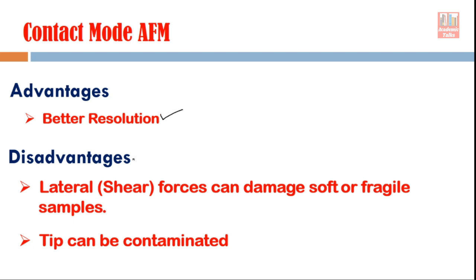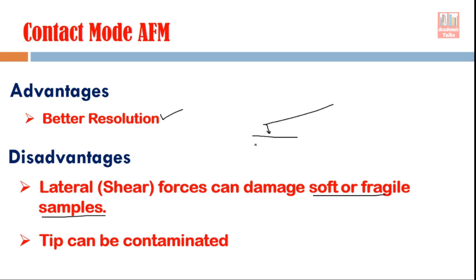The contact mode system has some disadvantages also. For example, the lateral forces. What are these lateral forces? This is the cantilever, this is the tip and this is the sample. When the tip or the sample is moving, and the tip is very close to the sample, these lateral XY movements of the probe can damage the sample if it is soft or fragile.